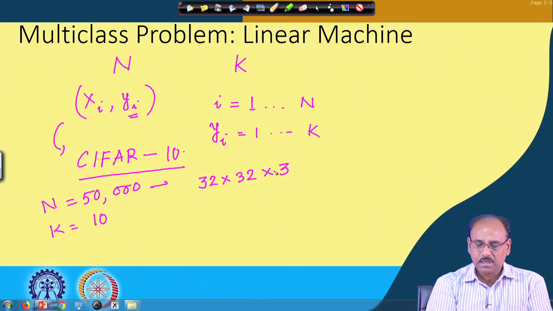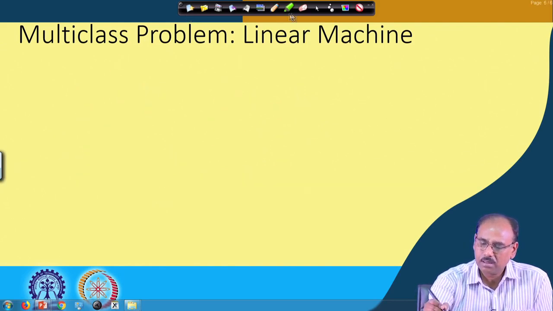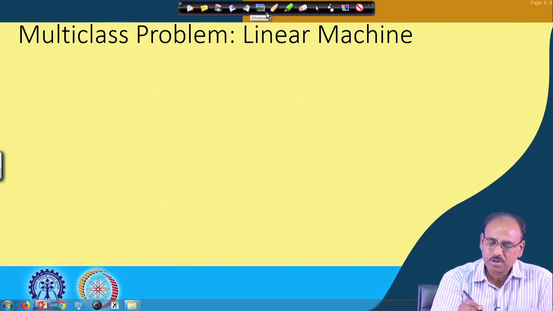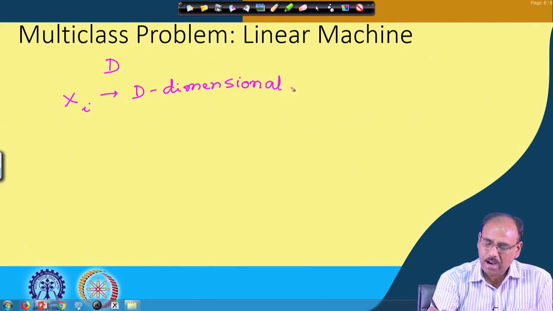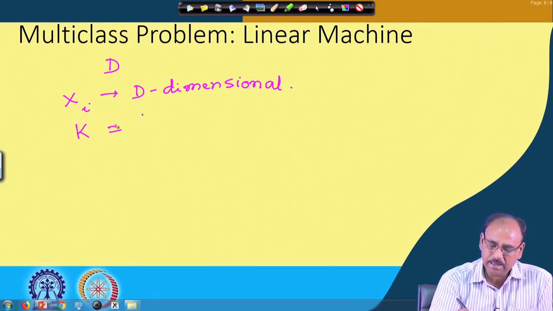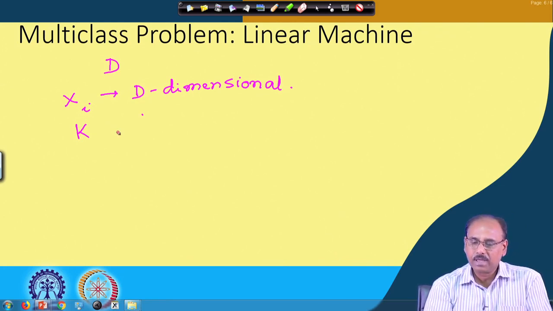So, for discussion we will assume that every feature vector given for classification purpose is of dimension d. So, our xi, the feature vectors, will be d dimensional and there are k categories. So, I have d dimensional feature vectors and k categories.